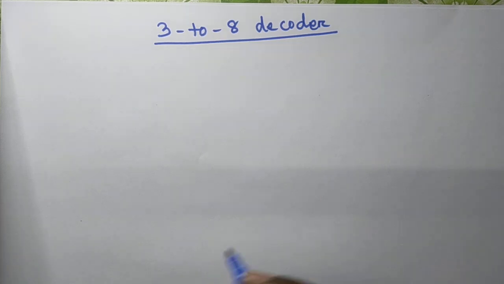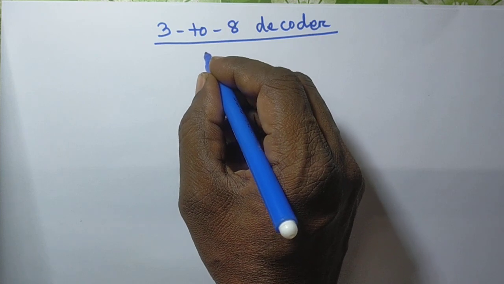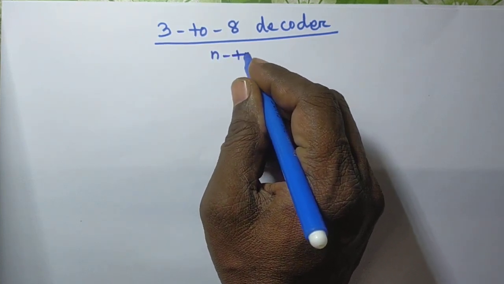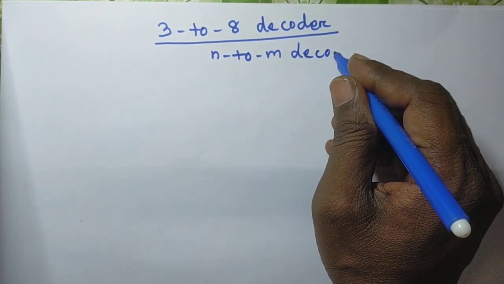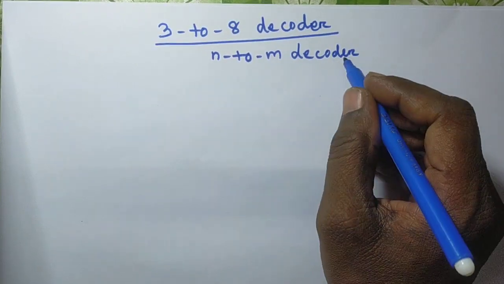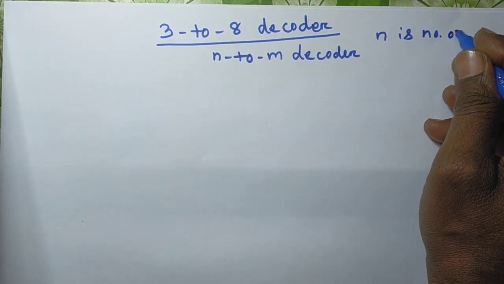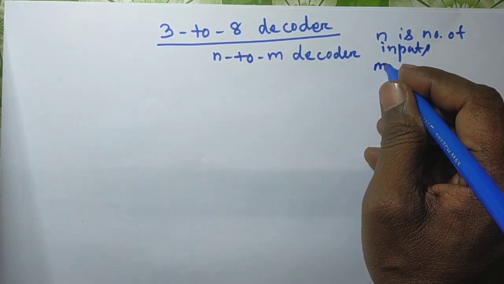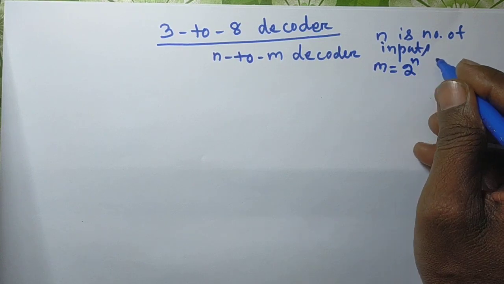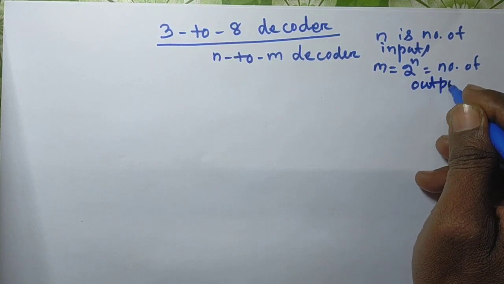Normally, this is the structure of a decoder. I have already told you in the last class that we can define the structure of a decoder as an n to m decoder, where n is the number of inputs and m equals 2 to the power n, which is the number of outputs.